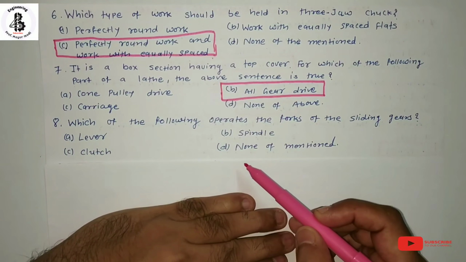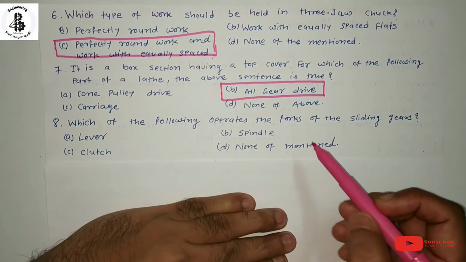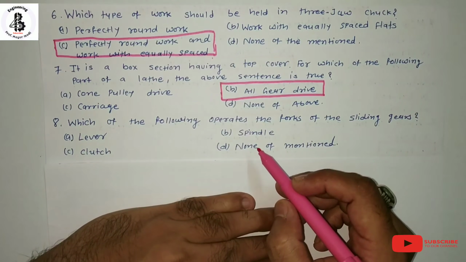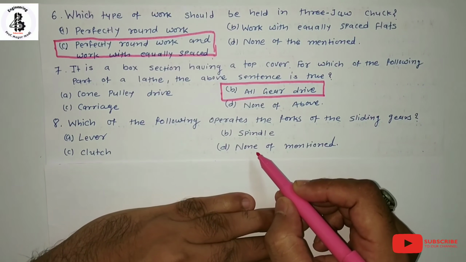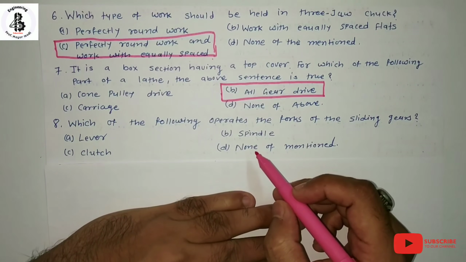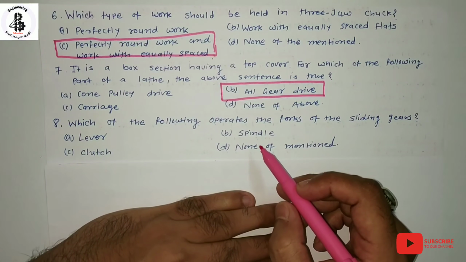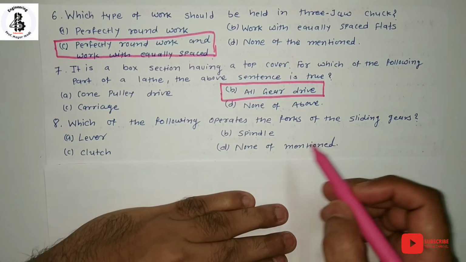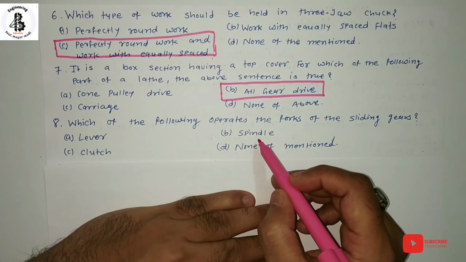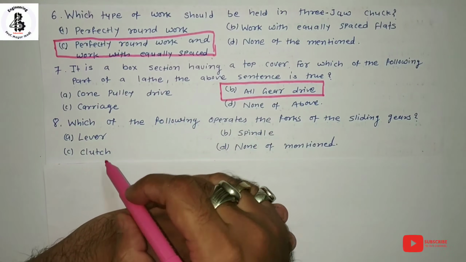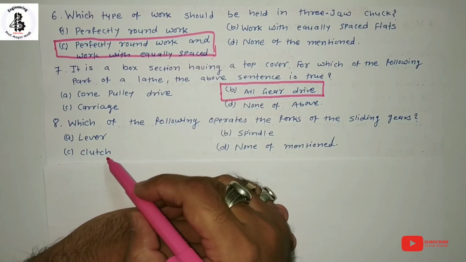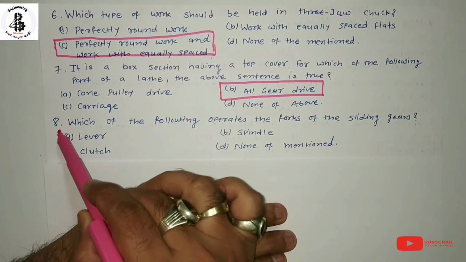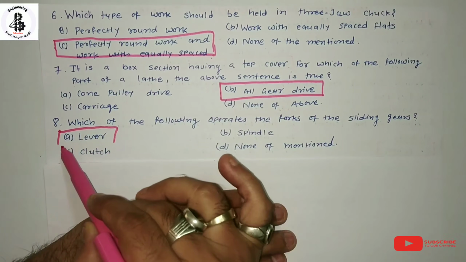And option D, none of the mentioned. Basically, this controls the rotation of the spindle through the gear mechanism. The lever is provided to operate the forks of the sliding gears. The spindle is attached to the gear mechanism. The clutch is used to engage and disengage. So the lever operates the forks of the sliding gears.